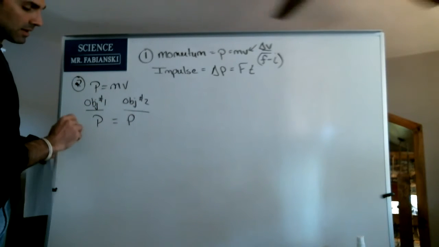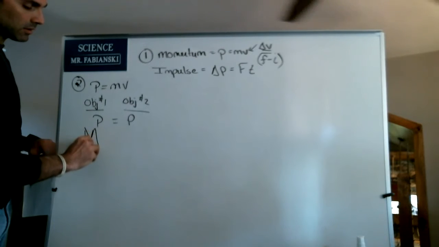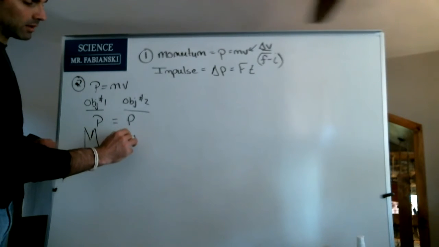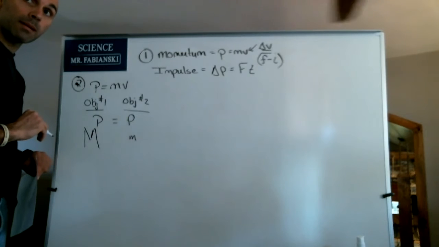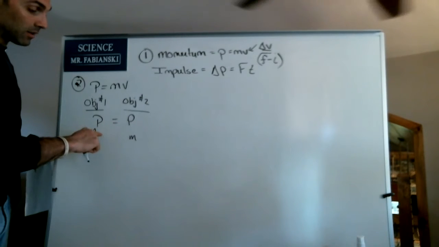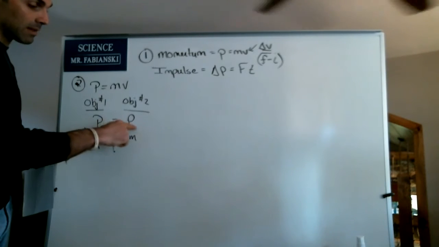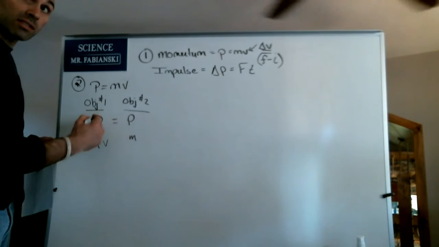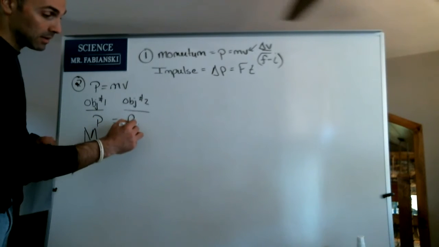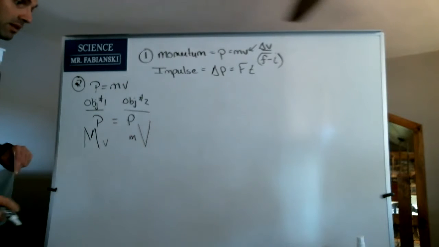But this object has a big mass, and this object has a little mass, kind of like the car and the fly. Well, the car, to have the same momentum as the fly, is going to be moving very slow. For the fly to have the same momentum as the car, he's going to have to be moving very fast.